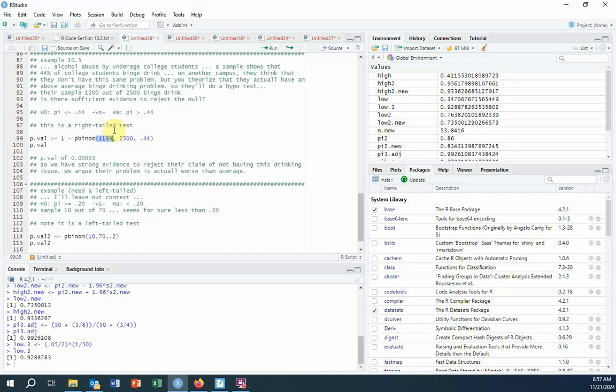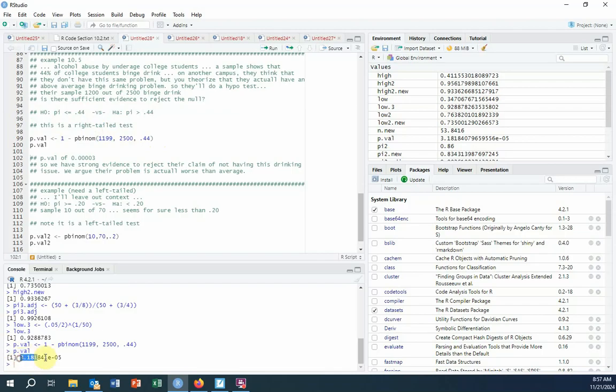I had to go 1 less because this is right-tailed. And if I run this, I'll get my probability, my p-value, which is a pretty strong p-value. It is 4 zeros after the decimal then a 3. So that's strong evidence we can reject their claim. No, they are not better off. They do have it worse. We can argue that their problem is actually worse than average.